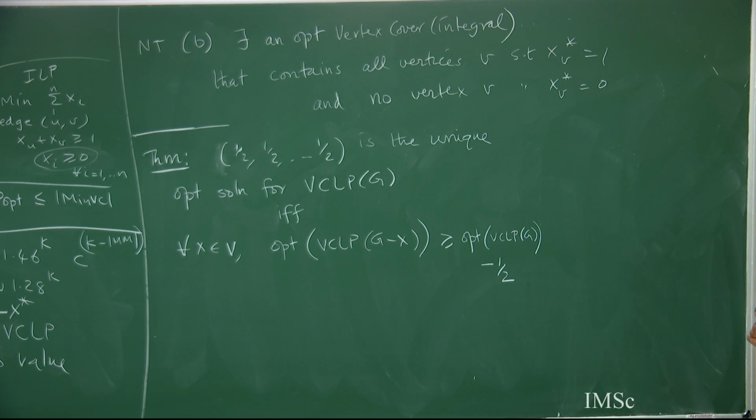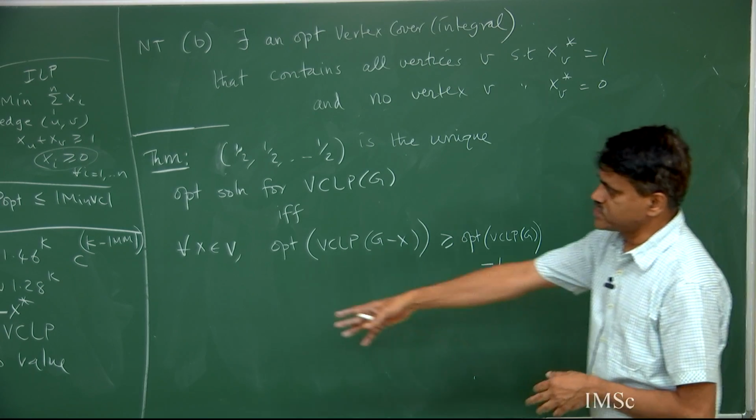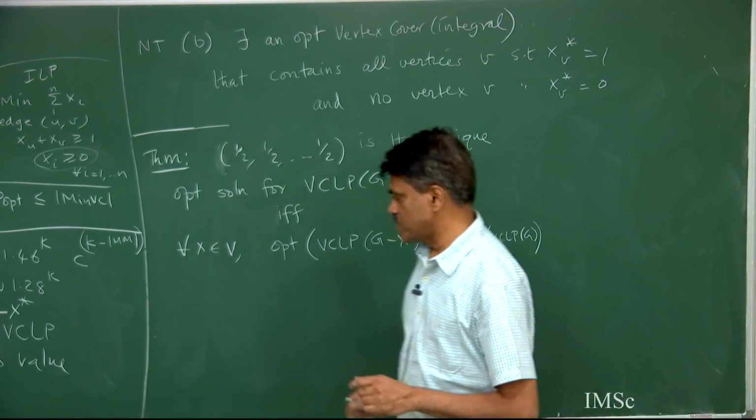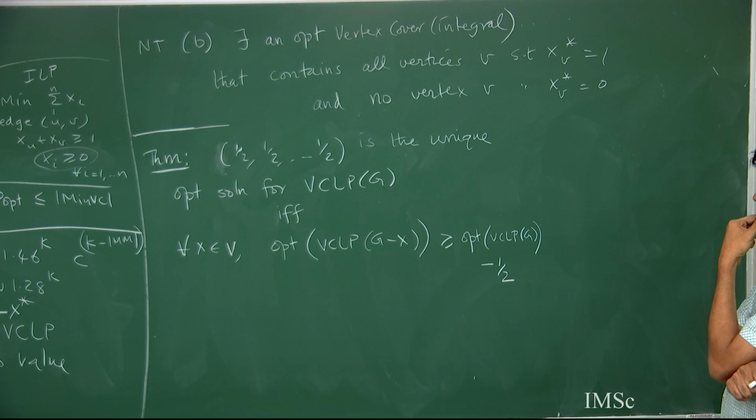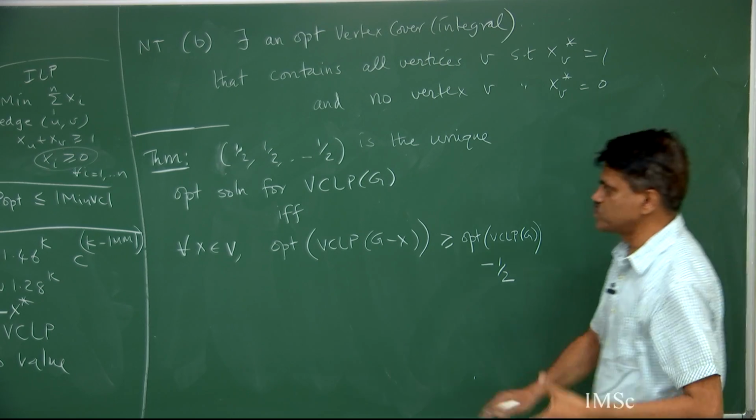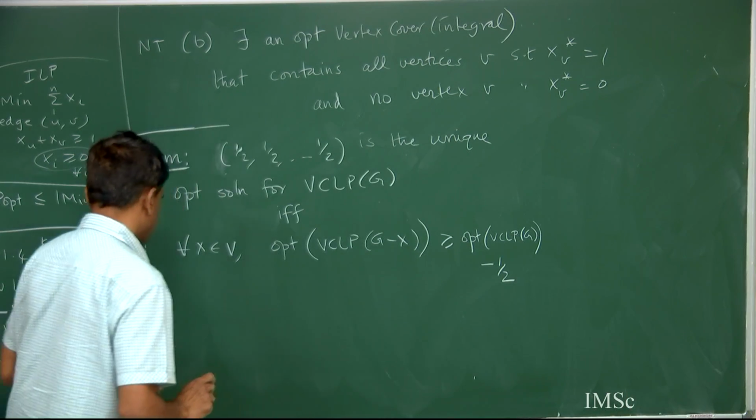Let me assume the theorem and give the branching algorithm, and then we will prove this. Again, the proof is not very hard. Let me prove at least one direction of this because that's useful for my algorithm.